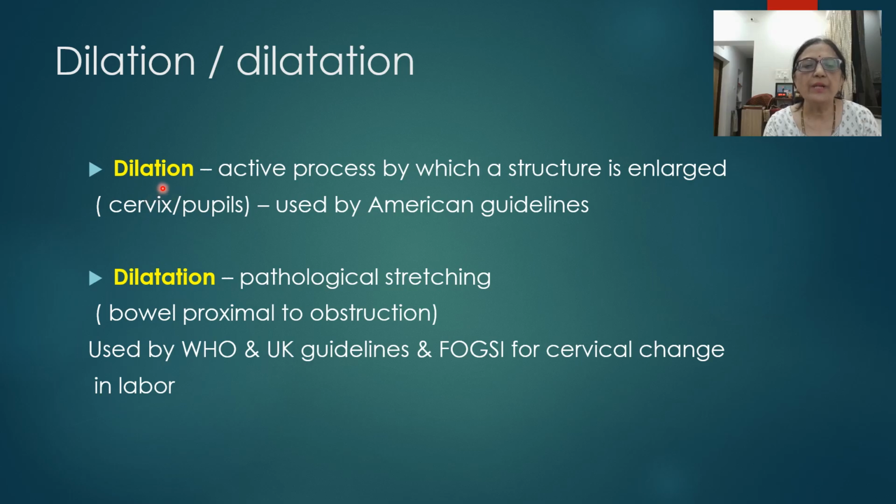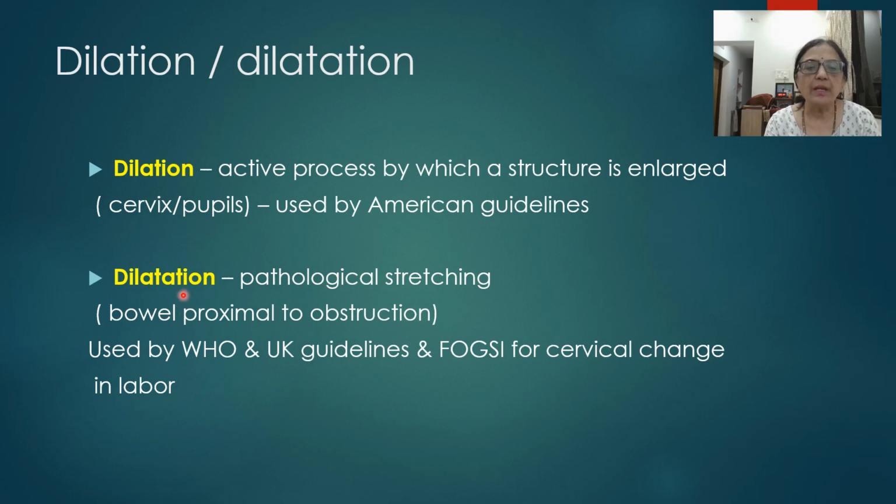The dictionary meaning of dilation is an active process by which a structure is enlarged, which is usually used for the cervix or pupils, and this is used for cervical change in labor by American guidelines. On the other hand, the dictionary meaning of dilatation is pathological stretching, which is mostly used for the bowel stretching which occurs proximal to the obstruction.